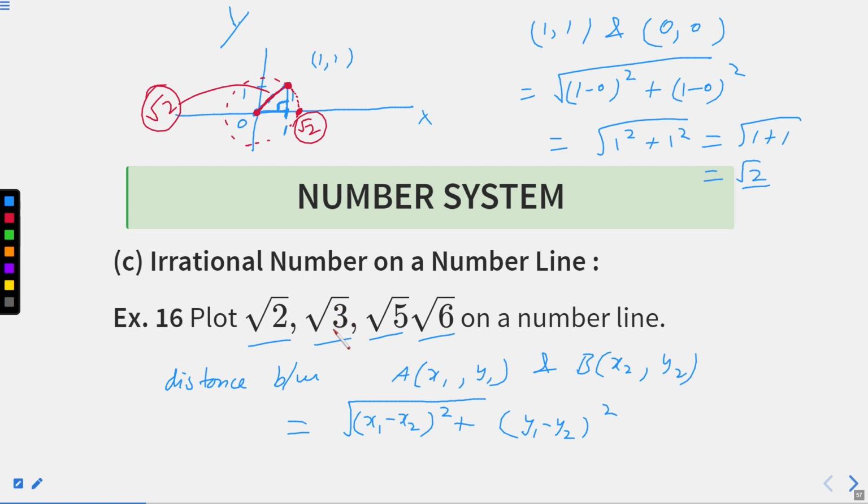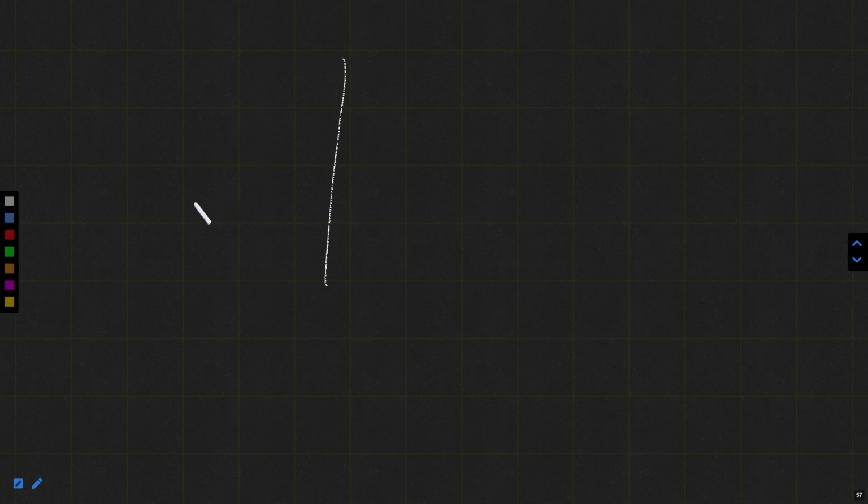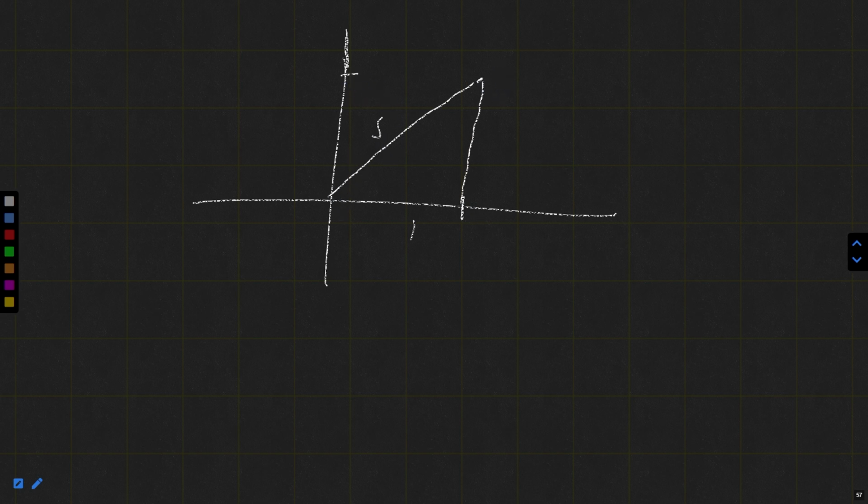Now in a similar way, one can do root 3, root 5, root 6. Let's see for root 3. So how are we going to point for root 3? Let's magnify my root 2 representation. The root 2 representation is 1 unit here, 1 unit here. This was the root 2. So using the compass, the root 2 is here.